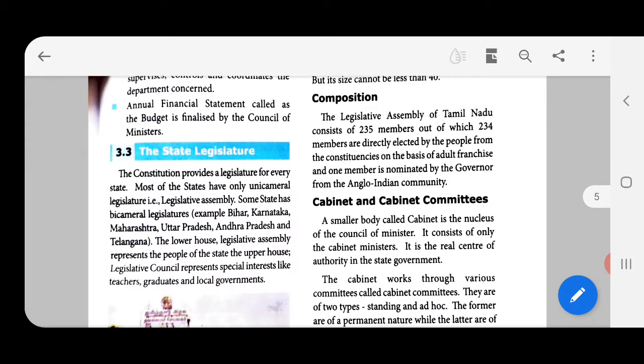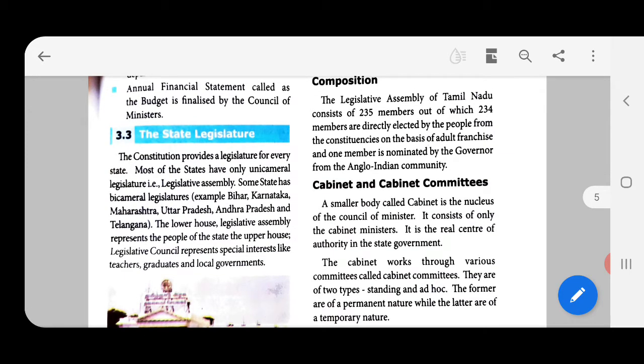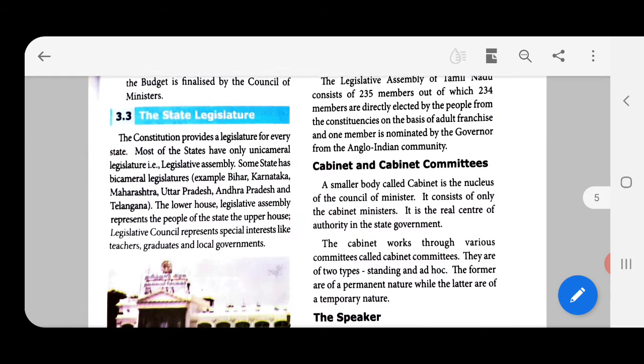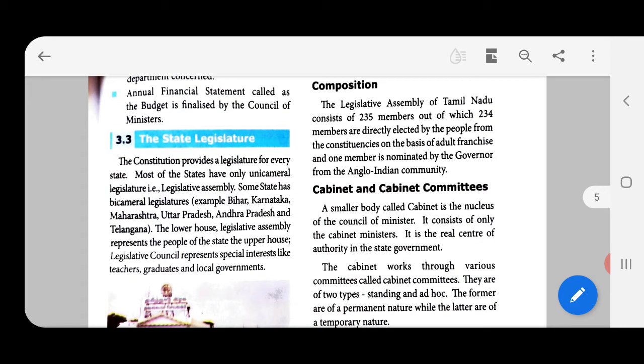Constituency in Tamil is Thogudhi. So for each constituency one person will stand, and from that they will elect.